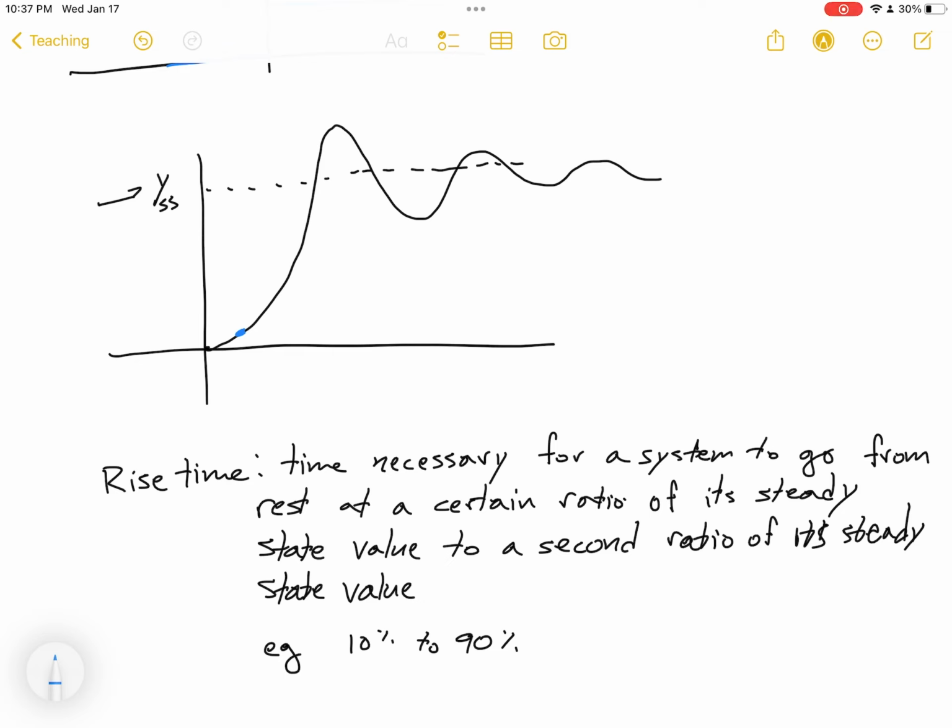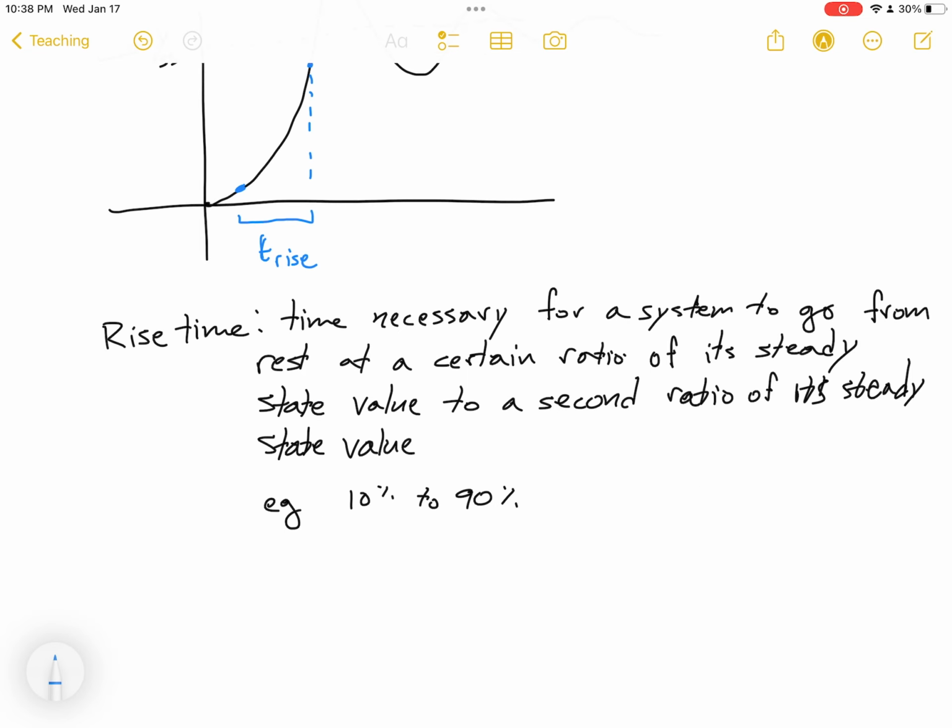And we would find where it has gotten to 90% of its steady state value, approximately right there. We would measure time in between those 2 points, and that would be the rise time, T rise. And whenever you're talking about rise time, you need to specify which ratios you're talking about.